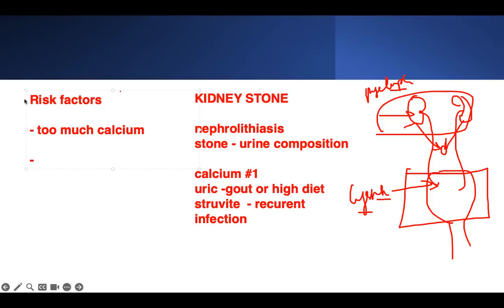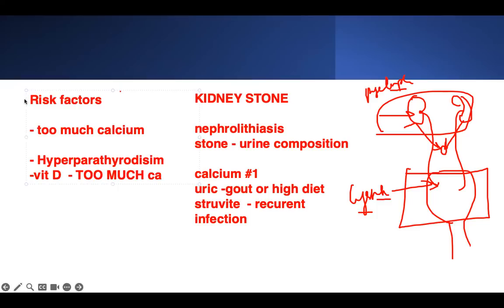You have disease processes like hyperparathyroidism, too much calcium, or you take too much vitamin D. Vitamin D is needed to absorb calcium, but calcium is not needed to absorb vitamin D. So if you take too much vitamin D, you're absorbing too much calcium.